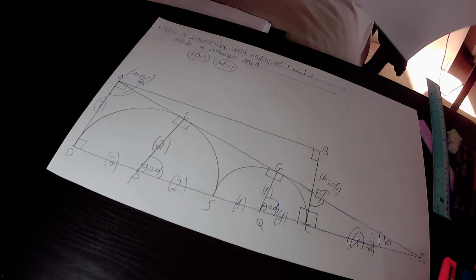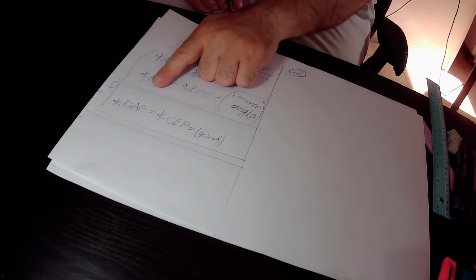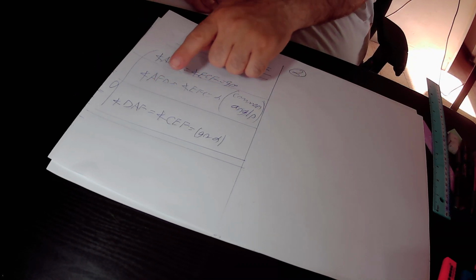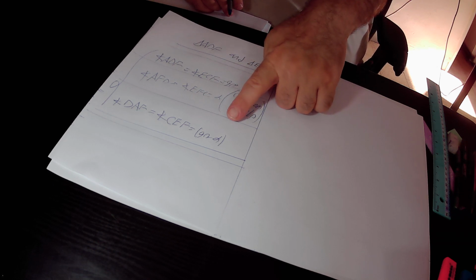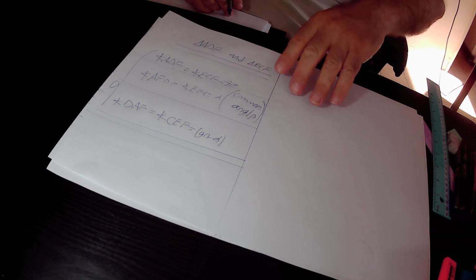So repeat again, we actually found out that angle DAF in the big right triangle AFD equals angle CEF in the small right triangle ECF. They are both equal to 90 degrees minus alpha, therefore they are equal to each other.